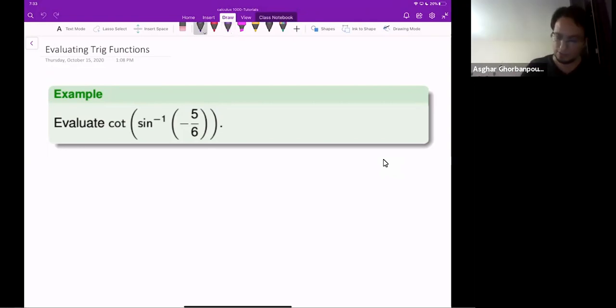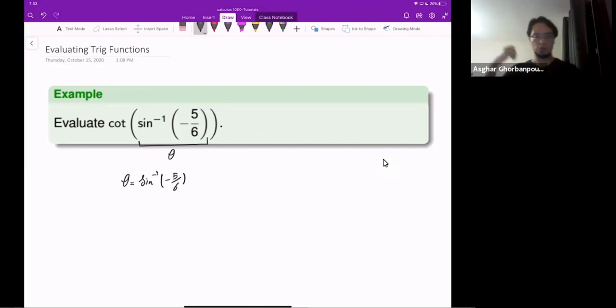Well, we start from the fact that sine inverse of this number is going to be an angle, yes? So first, let's see what kind of angle that is. So we are looking for an angle which is sine inverse of -5/6.